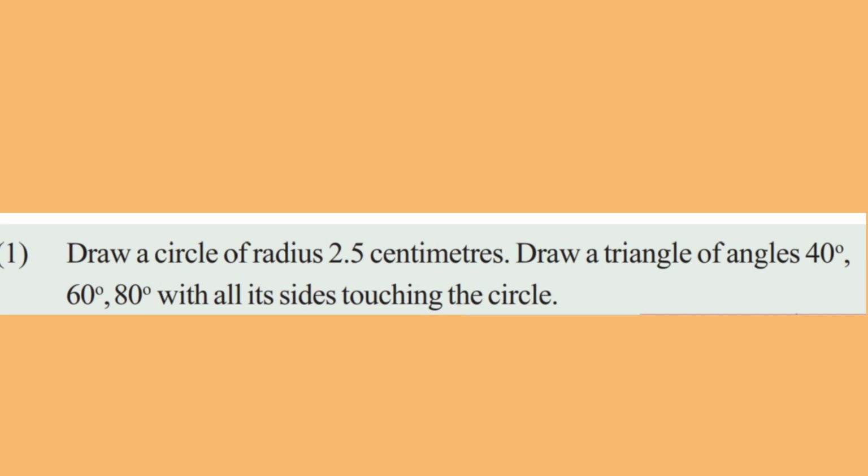First one: draw a circle of radius 2.5 centimeters. Draw a triangle of angles 40 degrees, 60 degrees, 80 degrees with all its sides touching the circle.